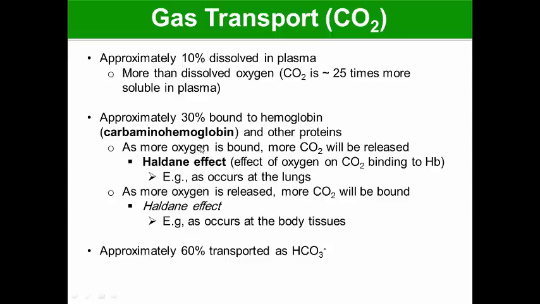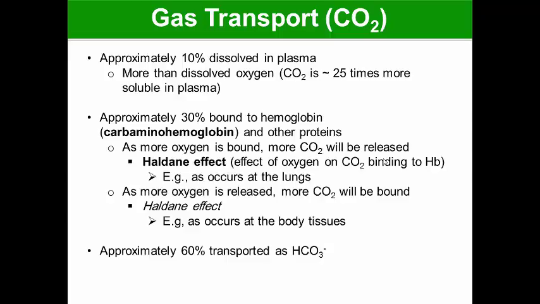As more oxygen is bound to hemoglobin in the lungs, more carbon dioxide will be released. Again, this takes place at the level of the lung, and this is known as the Haldane effect.